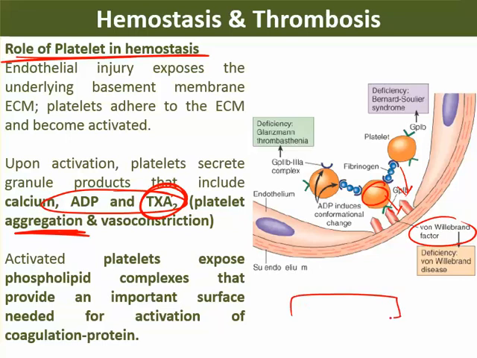The cell membrane of the platelet is made up of what? Phospholipids. And you all know clotting factors, right? To activate the clotting factors, we need phospholipids. So why do platelets become flat?